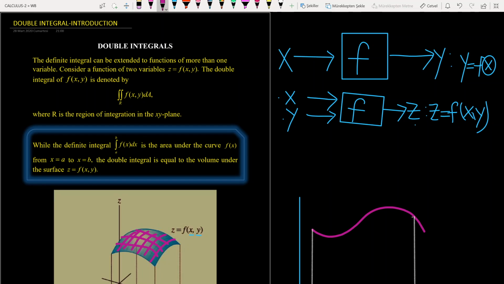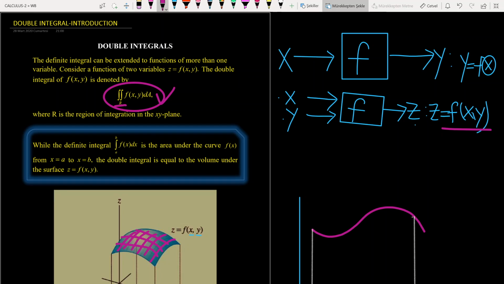Now consider the function of two variables f of x, y. The double integral of f of x, y is denoted by this notation. Here R is the region of integration in the xy coordinates.